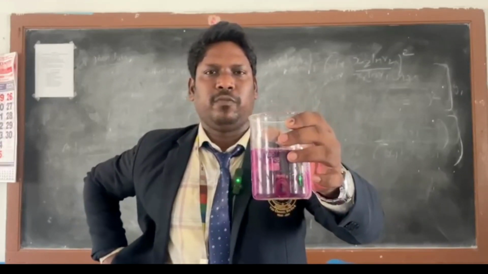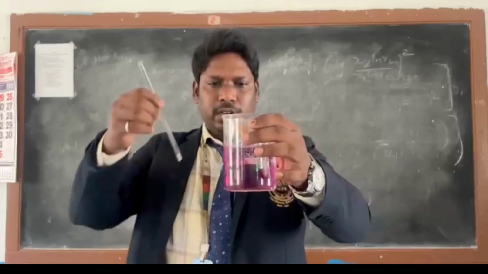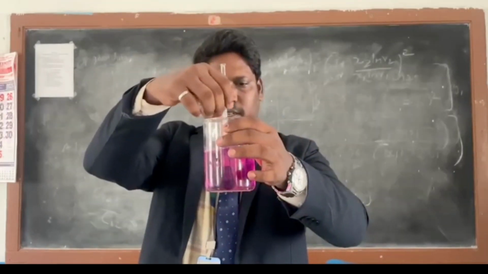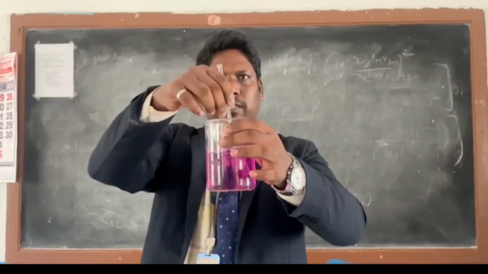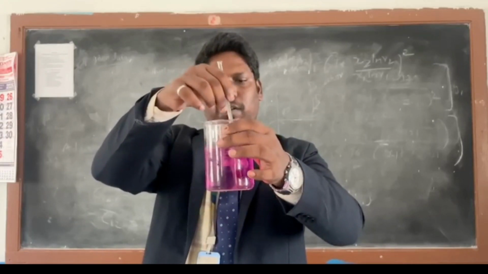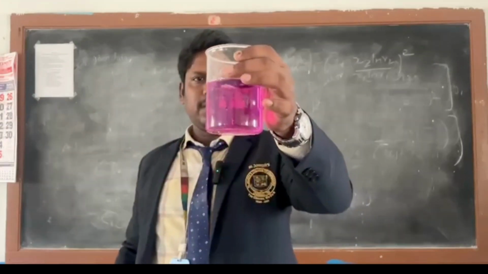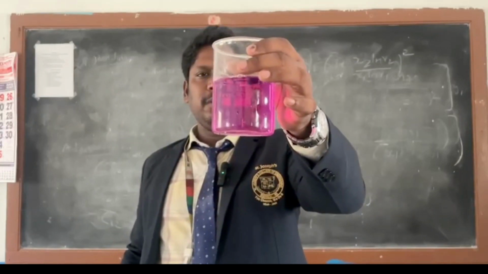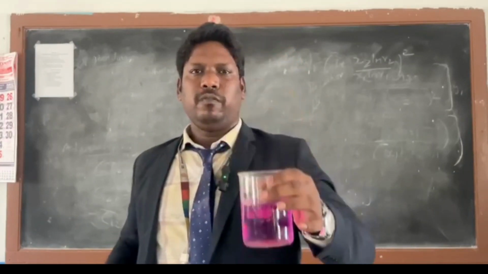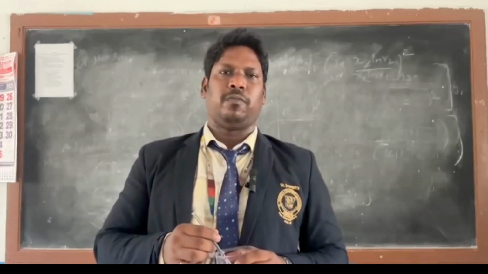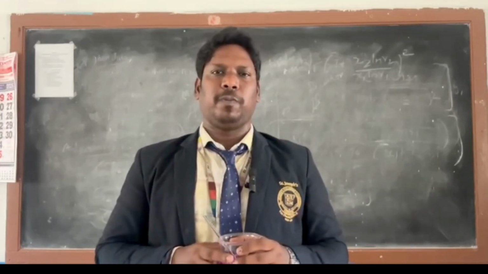But here, I'm going to add an external force. I'm going to mix it externally, using a glass rod here. Now you can see it attains the equilibrium state. So with an external force, we are increasing the rate of the process.